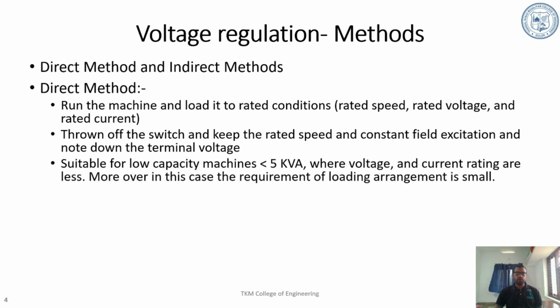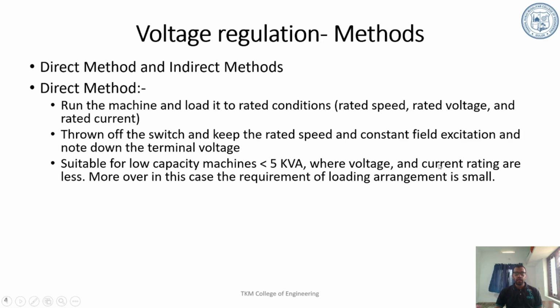Direct method is suitable for low capacity machines, usually less than 5 kVA, where voltage and current ratings are less. Moreover, in this case, the requirement of loading arrangement is small. As the capacity of the machine increases, voltage and current rating will increase. Loading arrangement also will become bulky.